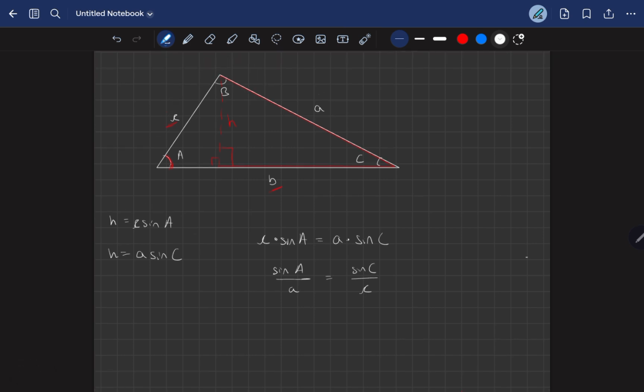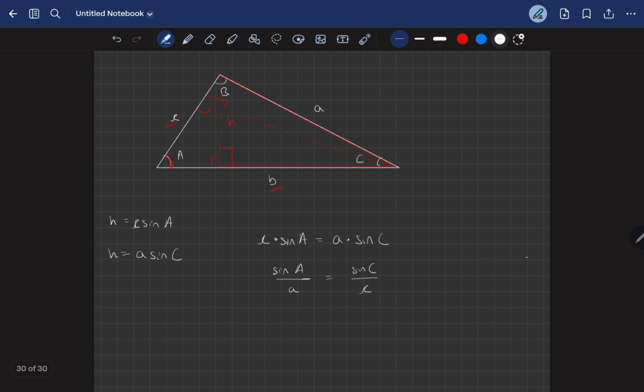Now, I can also use a different height and make another point. Let's take this height right here. Now, what is this height going to be equal to?